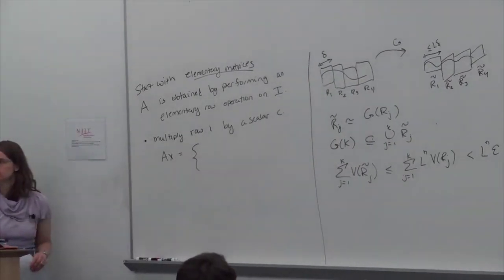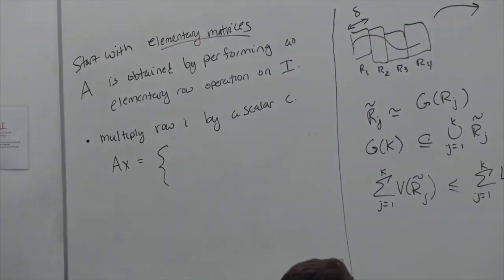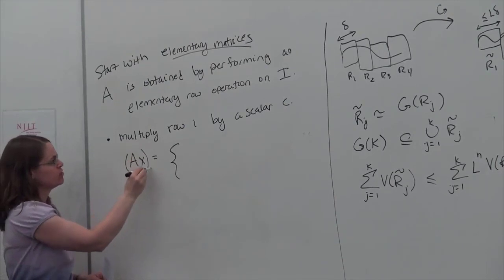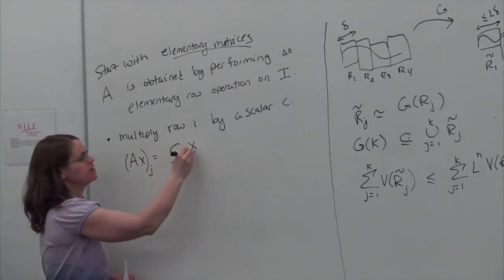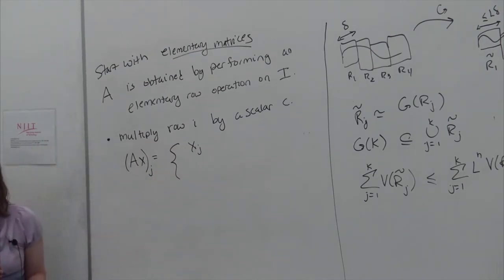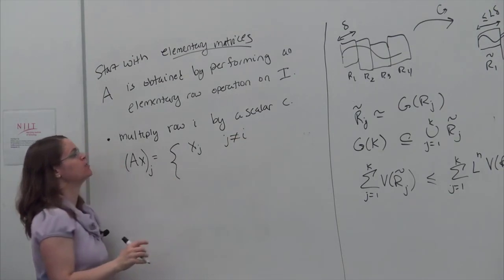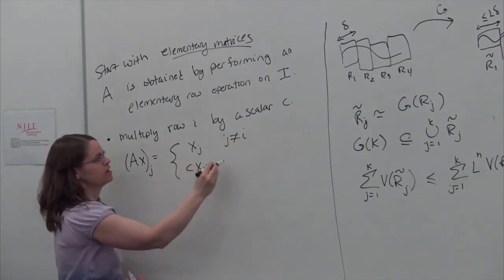And what are we going to get? The jth component of the result is really just the jth component of X, right? It's just the identity acting on this. And the only exception is in row i, where we're going to multiply by c.